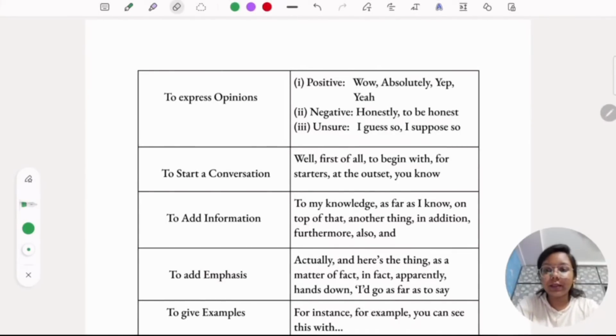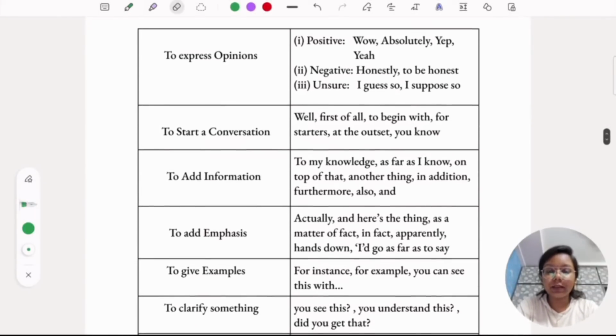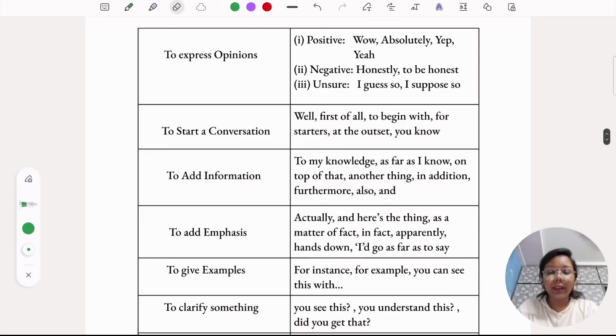If you see the table here, there are some examples and they are categorized. These discourse markers are used to express opinions, like positive, negative, or unsure: wow, honestly, I guess so.